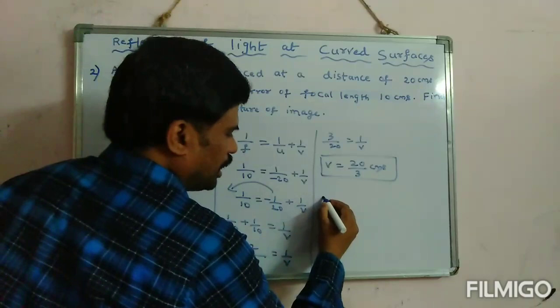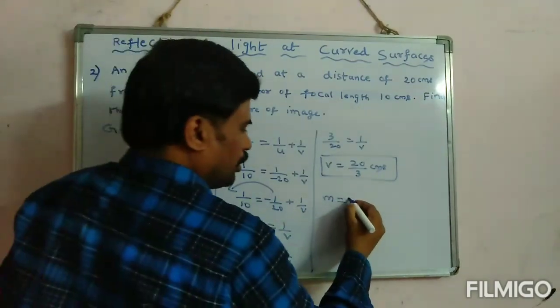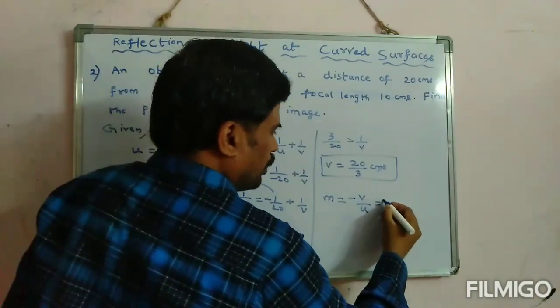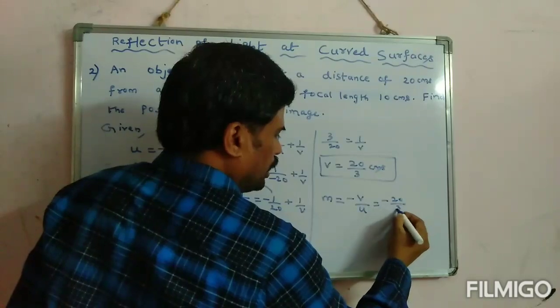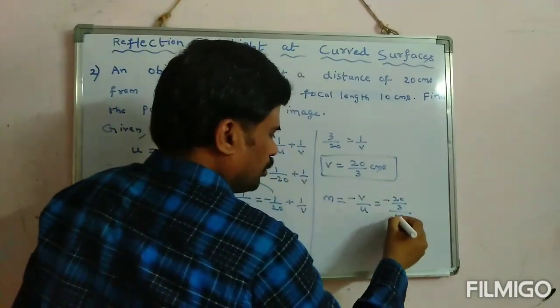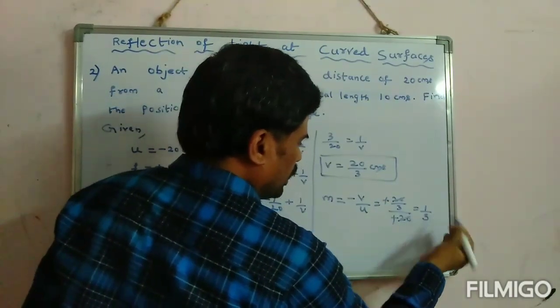Now let us find the magnification. Magnification formula: m = -v/u. That is -(20/3)/(-20). Minus minus cancels, 20 cancels, and it is 1/3.